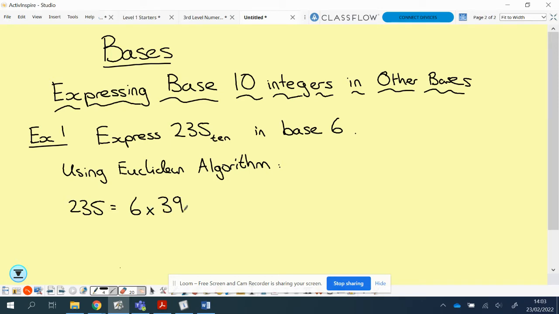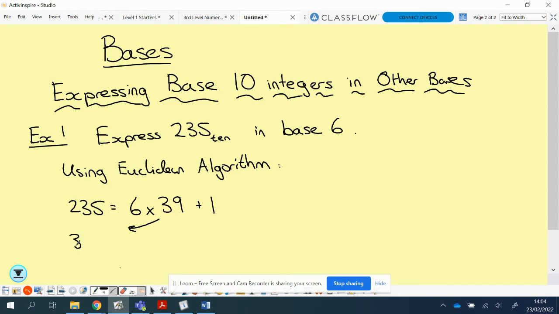And I have the remainder 1. Now, normally in an algorithm, I'd move the 39 across and I'd move the remainder across. Well, I don't need to worry about the remainder part. It's just the amount that went into it. The 6 will always stay because it's always the 6 I want to deal with. So that 39 will go across.